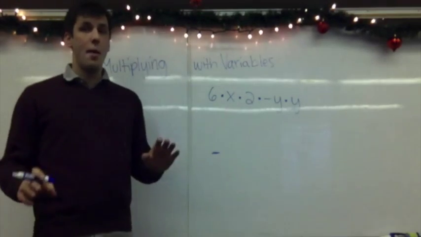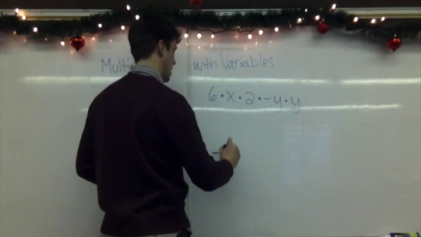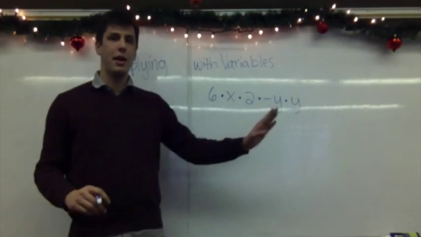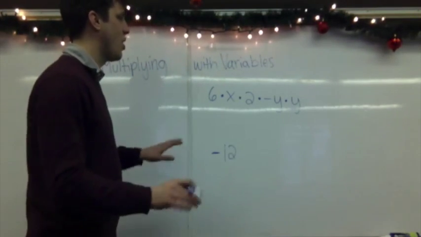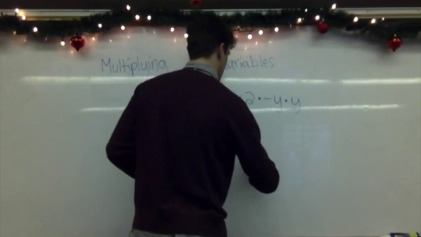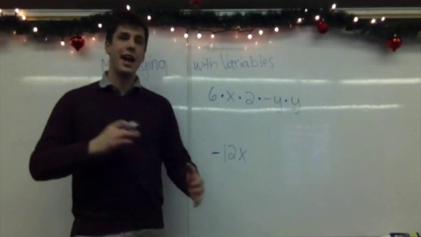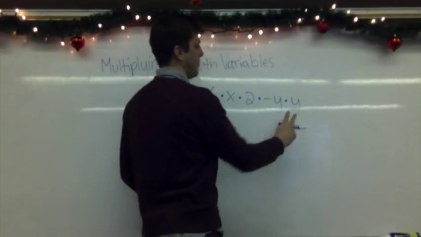Then you want to look for numbers. 6 times 2 is going to be 12. Then you start to go in alphabetical order with the variables. You have an x here. There's no other x's, so just the x. And then you want to look for the next variable, and you have 2 y's.